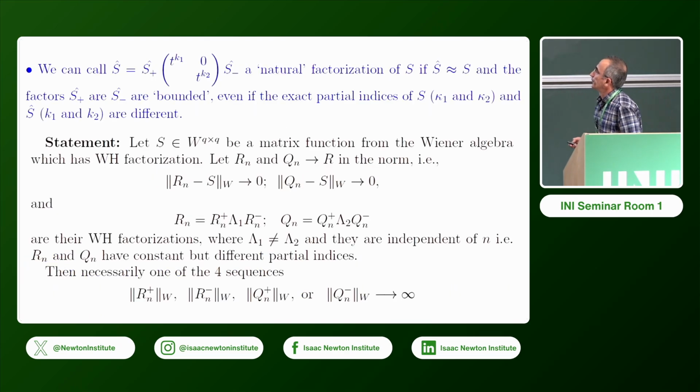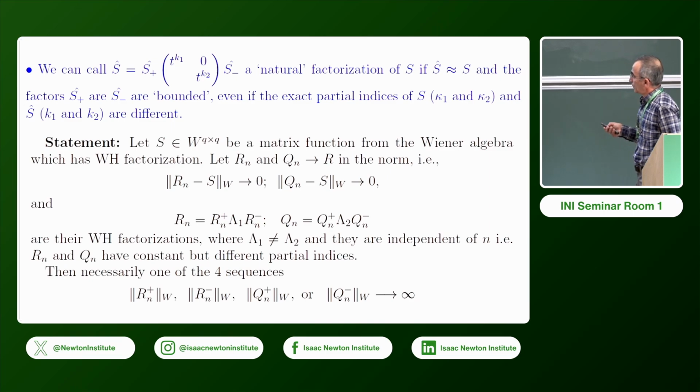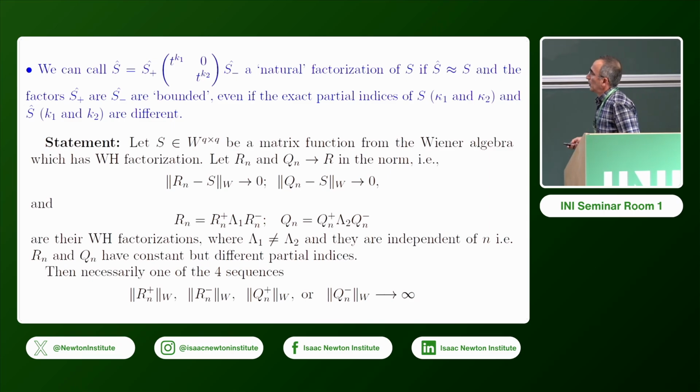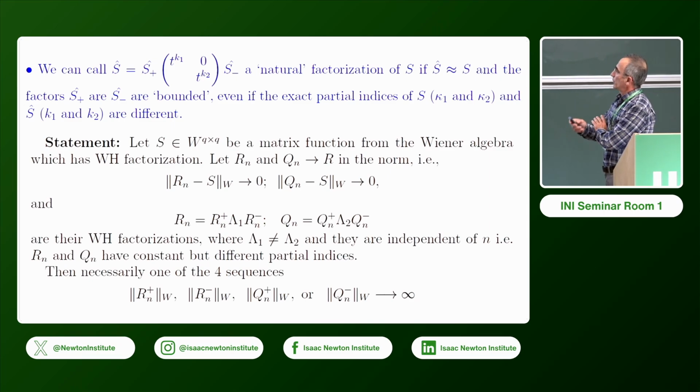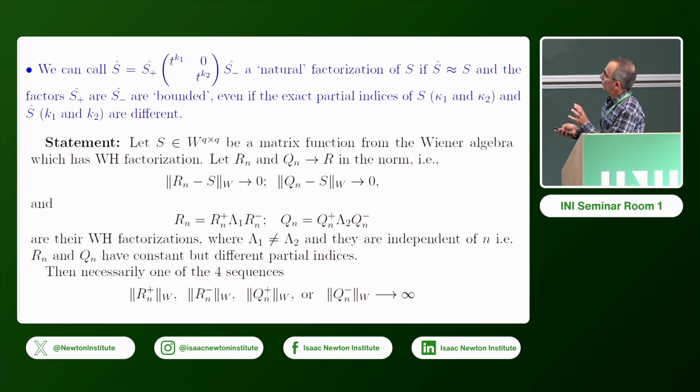And what motivates us to introduce this natural factorization is that we assume, and this fact is correct, as was confirmed by Ilya Spitkovsky also, although we haven't found this theorem in published form, that if we have a matrix and we approach this matrix with different types of partial indices, which are not dependent on n and are different, and if both of them are convergent, then necessarily one of these factors should blow up.